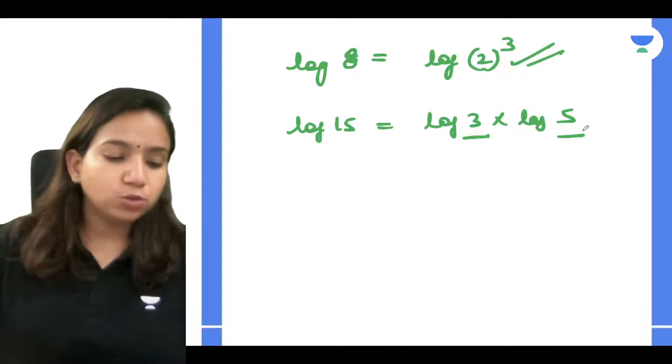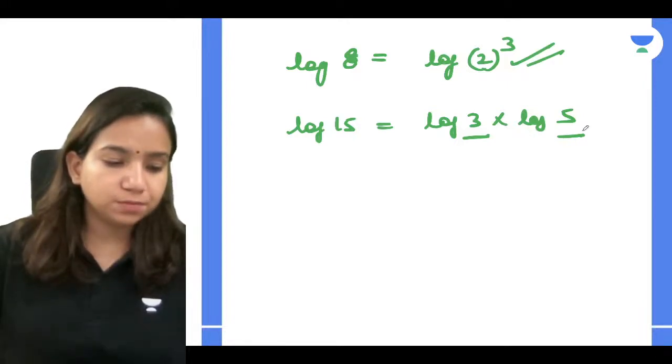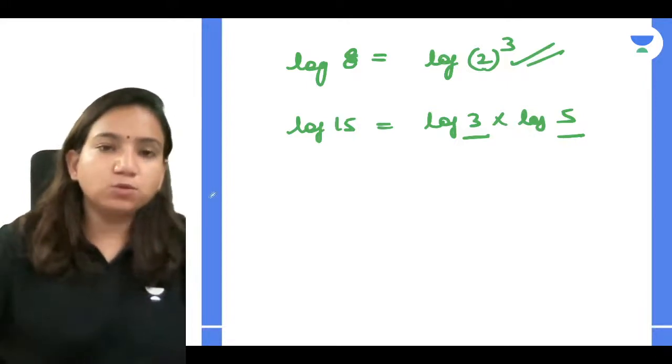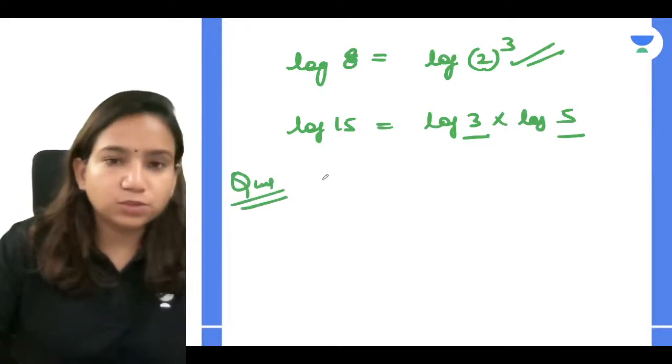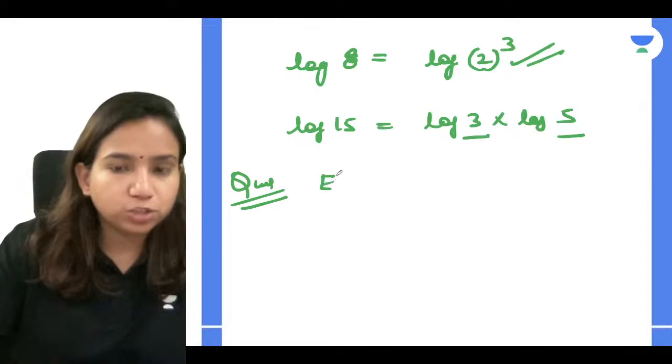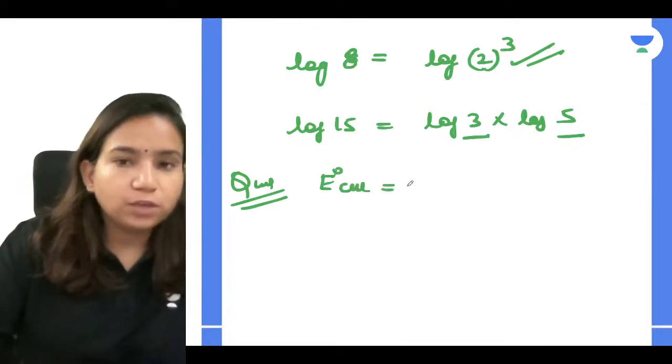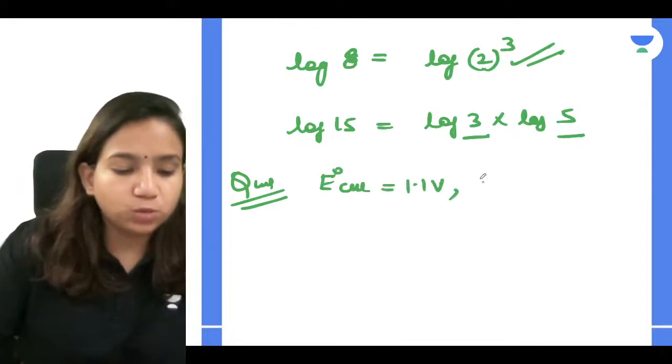You want to do one more question, guys? Yes, tell me. So let's just do one more question, which is easy only. Let's see who will be getting the answer. They are saying the standard electrode potential E naught cell for Daniel cell is given 1.1 volt.